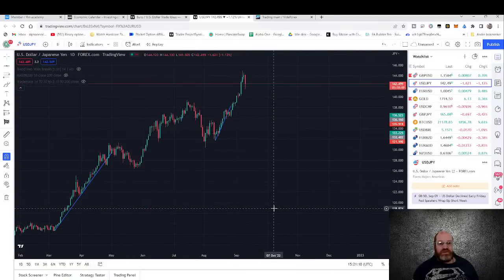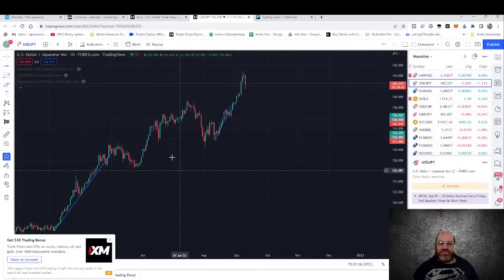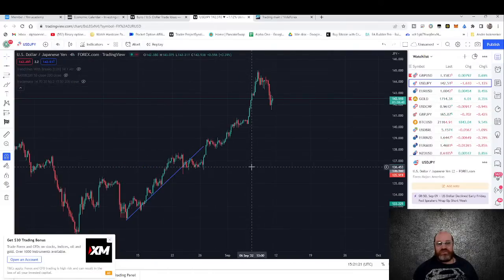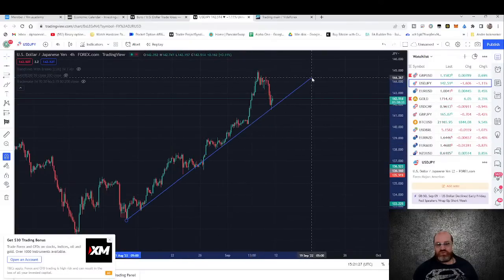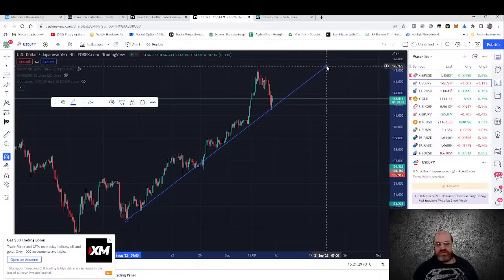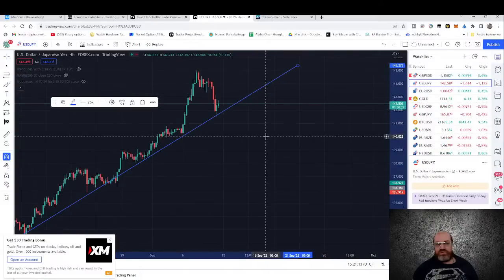So, as we have talked about before, USD/JPY is very trendy. It's trending like crazy. And when the market is like this, it's also a little difficult to find entries because it's trending too strong. We can see right now that we are at the bottom of this trend line.